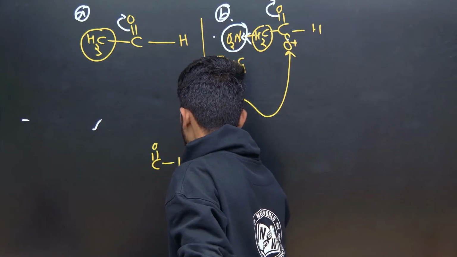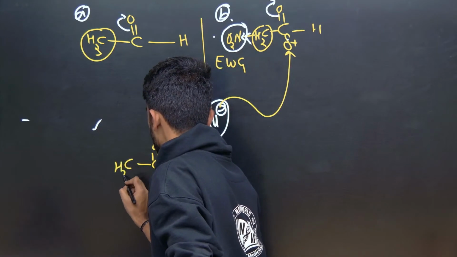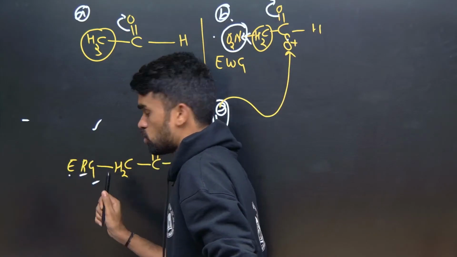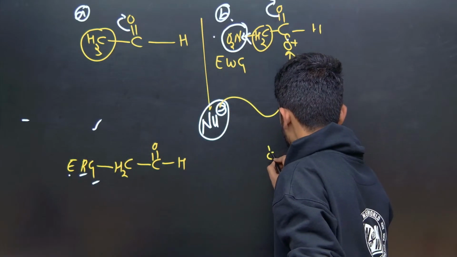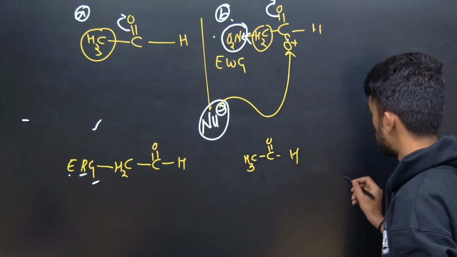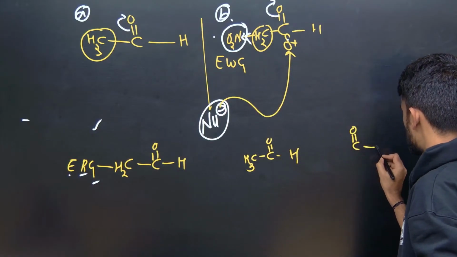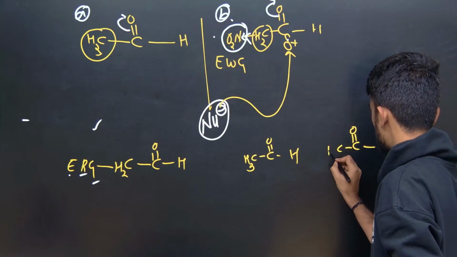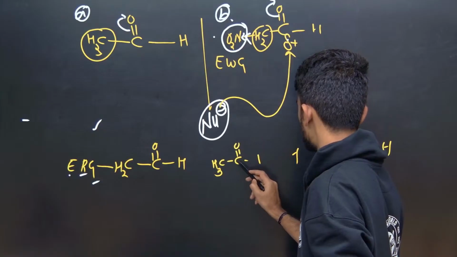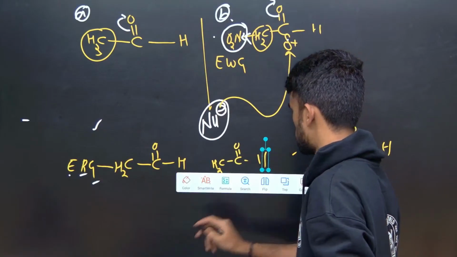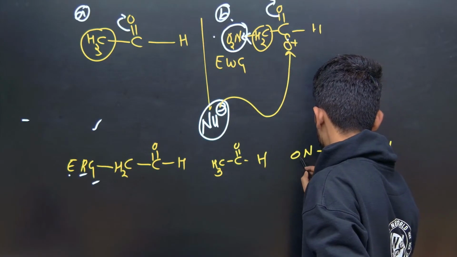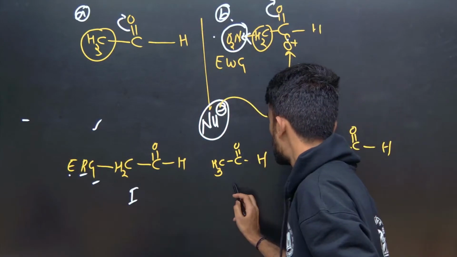CO, write the order for this, CH2. ERG means electron releasing group. Another example: 1, 2, 3.